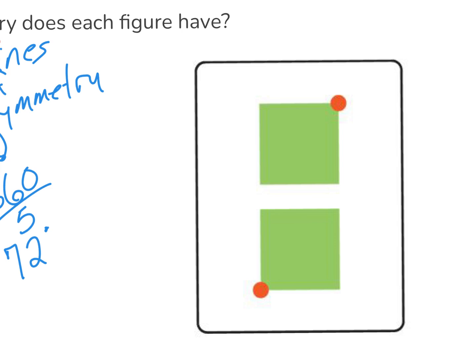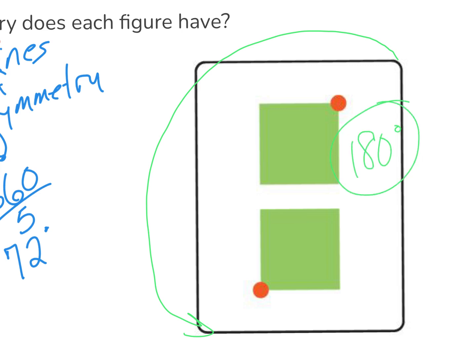So what if instead I try to rotate this? So maybe if I rotate this corner down to here, I think that would work, and that is 180 degrees of rotational symmetry. But there's no other symmetry, it's just that 180.